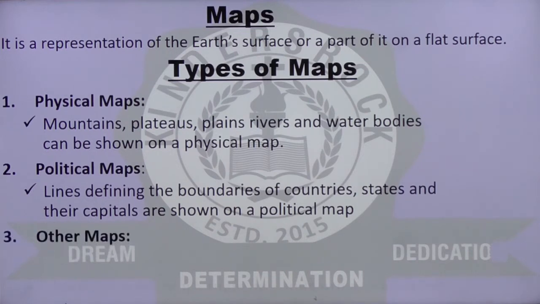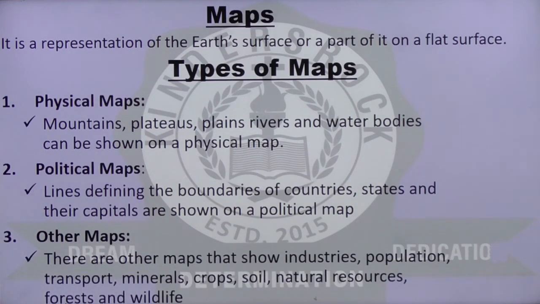And then there are other maps that show industries, population, transport, minerals, crops, oil, natural resources, forests, wildlife, etc. So these are the other maps.